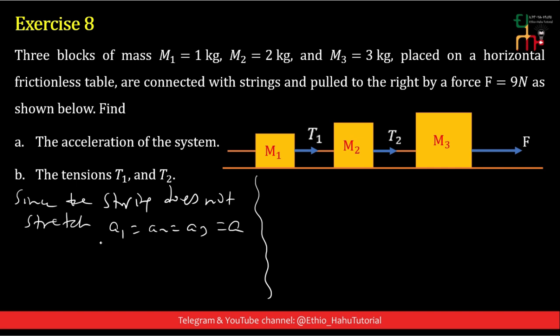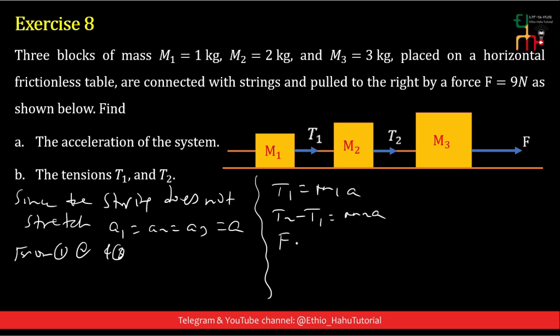Therefore, from 1, 2, and 3, we have T1 is equal to M1A, T2 minus T1 is equal to M2A, F minus T2 is equal to M3A. Let's add these three terms.